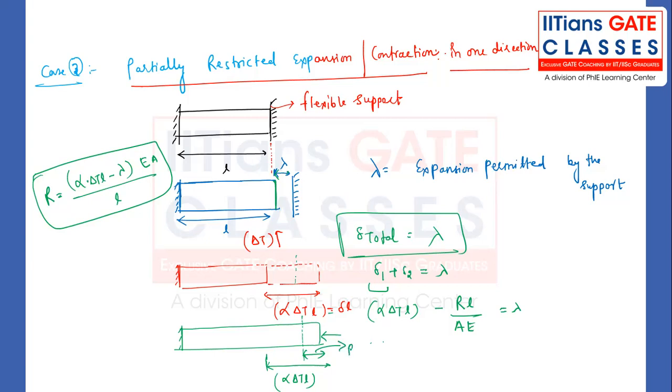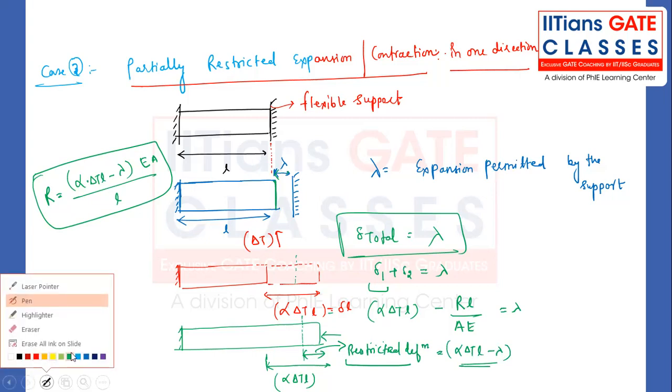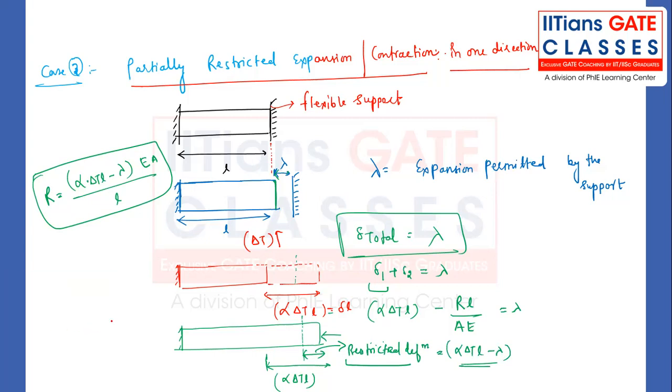This is a restricted deformation. And because of this restricted deformation only, which is nothing but alpha into delta T into L minus lambda, the resisting force will be developed.